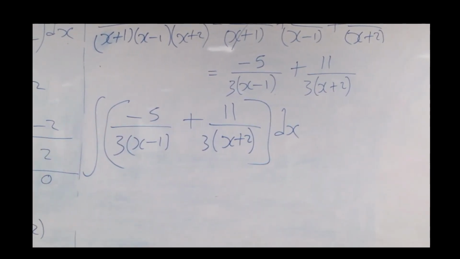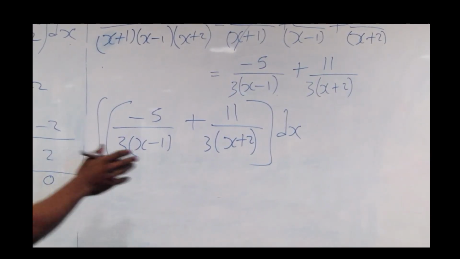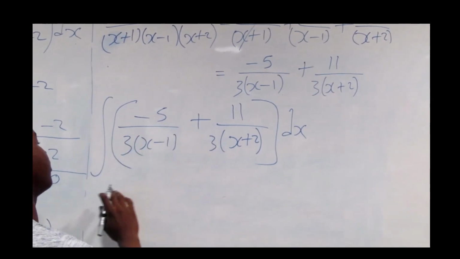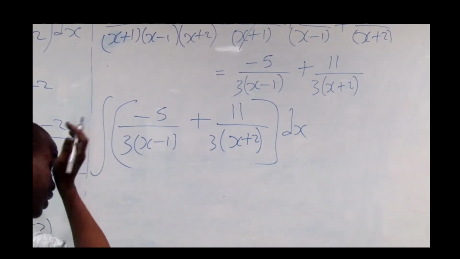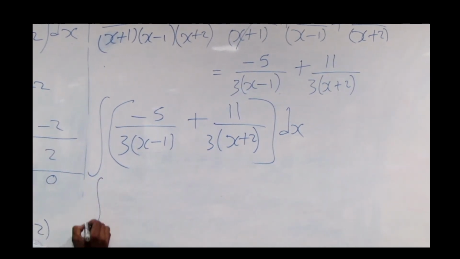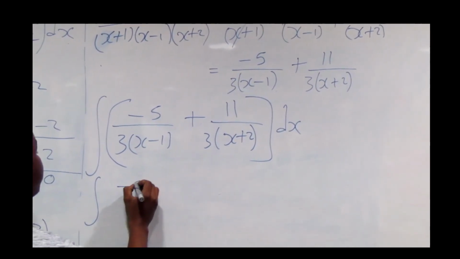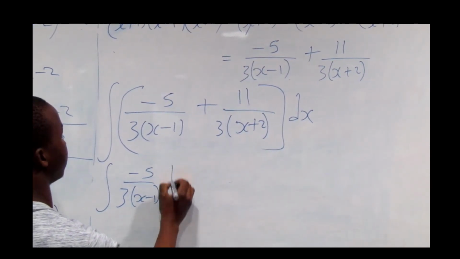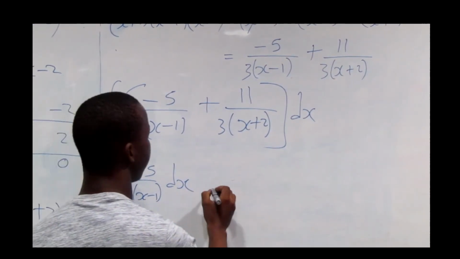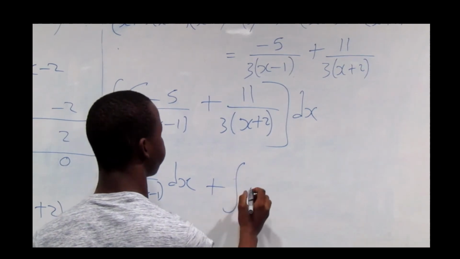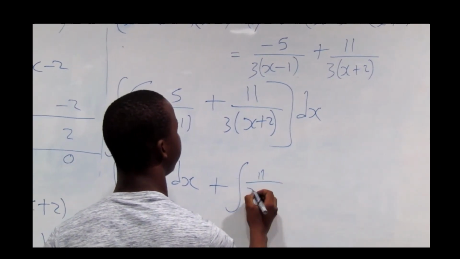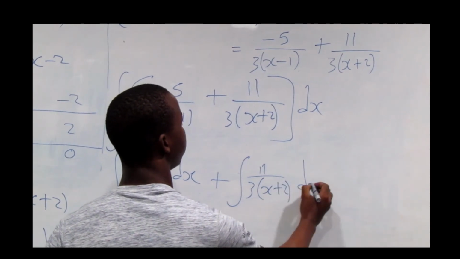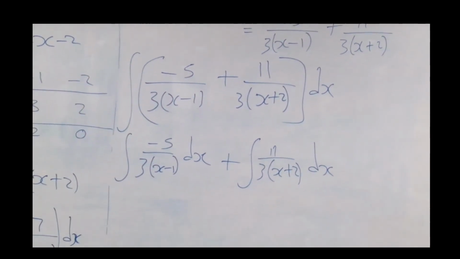Then we expand by multiplying the integral throughout the bracket, and that'll be negative 5 over 3 times x minus 1 dx plus 11 over 3 times x plus 2 dx.